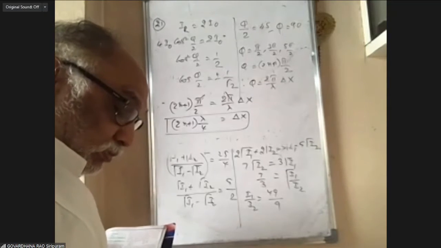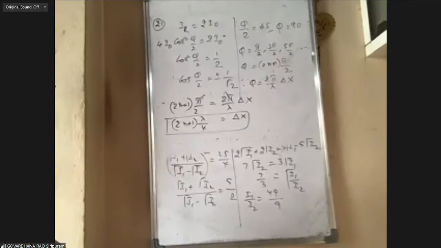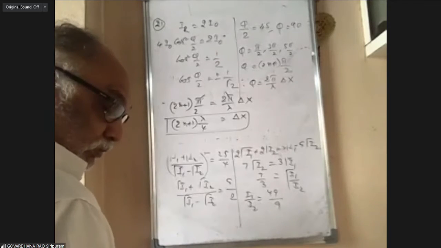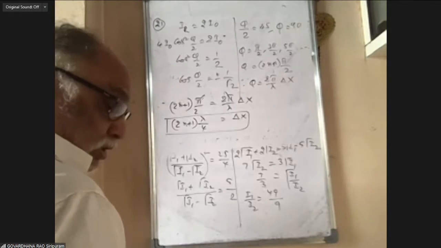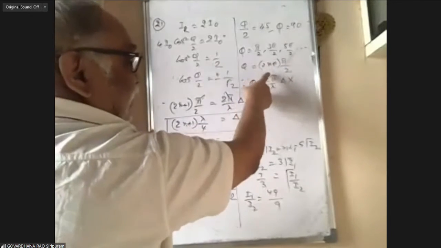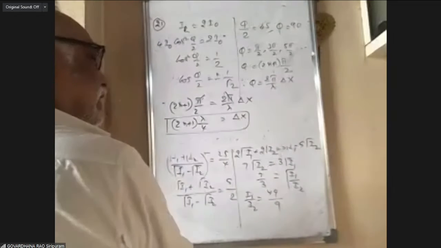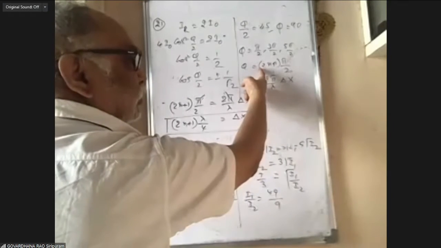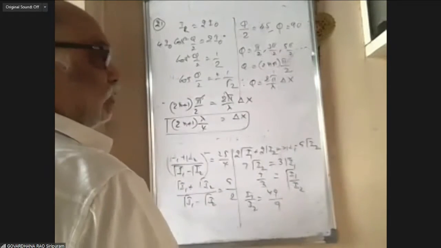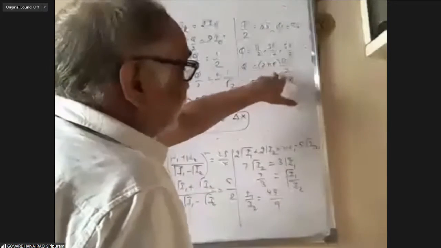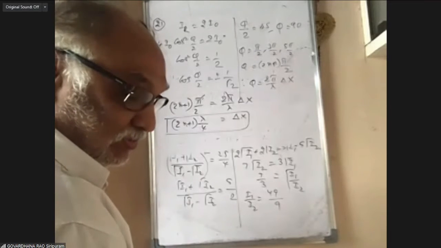Second option. Good. So why did we take 2n plus 1? With 2n plus 1, n equals 0, 1, 2, 3. If n equals 0, we get pi/2; n equals 1 gives 3 pi/2. 2n minus 1 is also right, but then n starts from 1, 2, 3 and we cannot put 0.